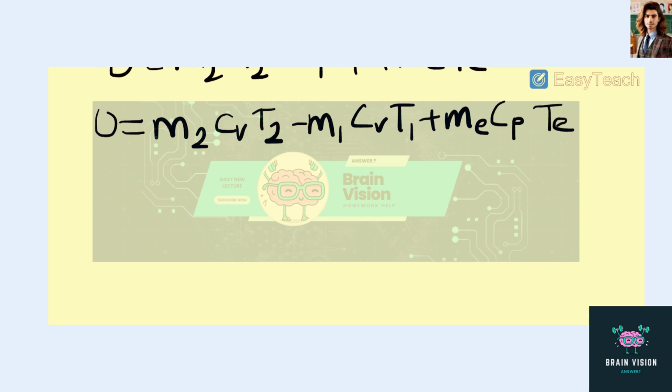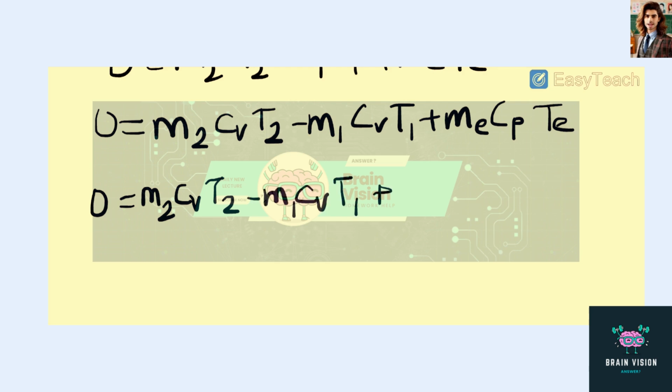And what we get is that 0 is equal to m2 Cv T2 minus m1 Cv T1 plus (m1 minus m2) Cp Te, and that is all equal to 0.